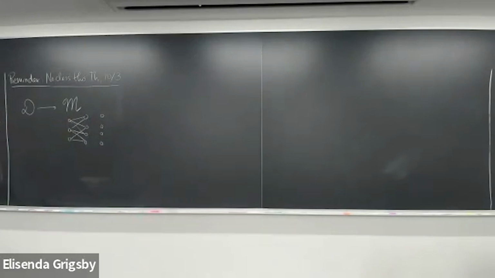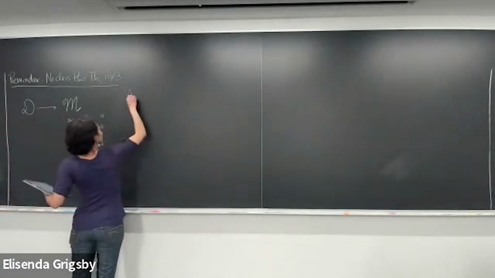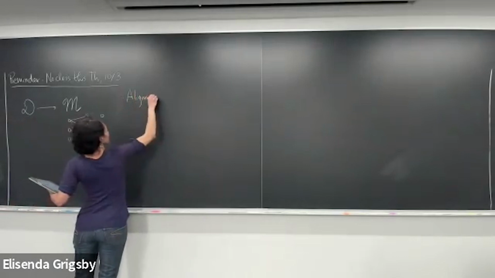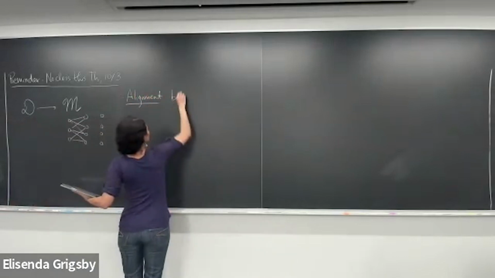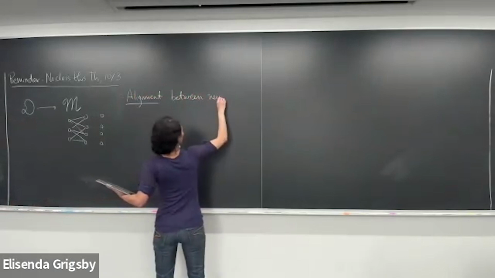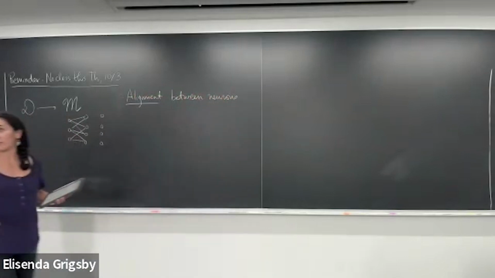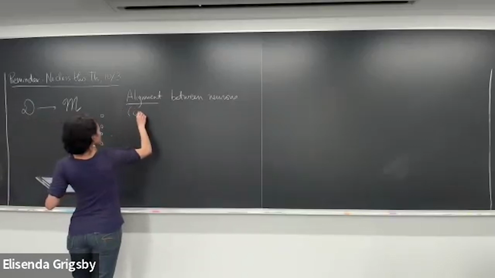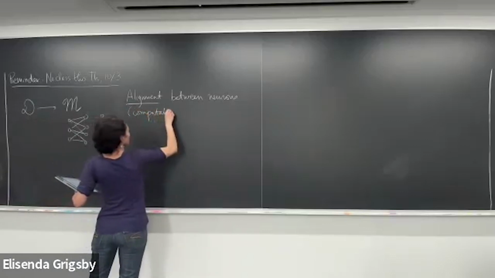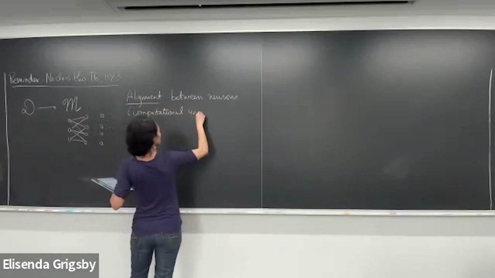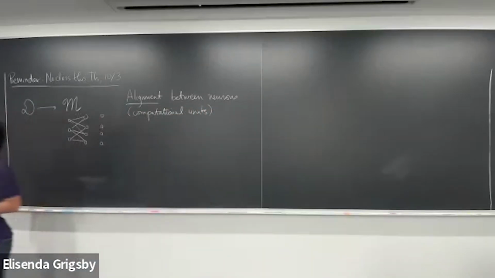Okay, so you have your data, you have your model, and now what might be nice in order to be able to interpret what the model is doing on the data? Well, the first thing that might be nice is what we typically refer to as alignment, between the neurons, or more generally, the computational units of your model. In the case of a neural network, you can think of the neurons as being the basic computational units of your model.